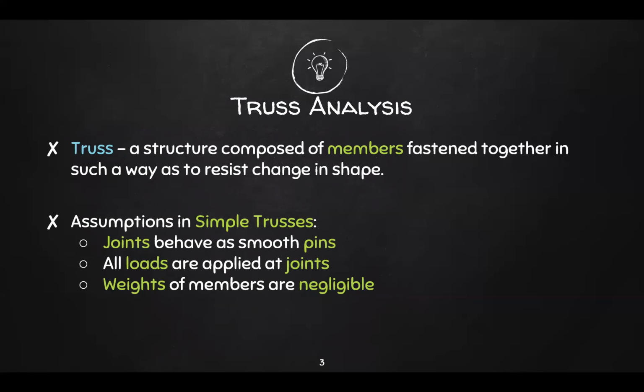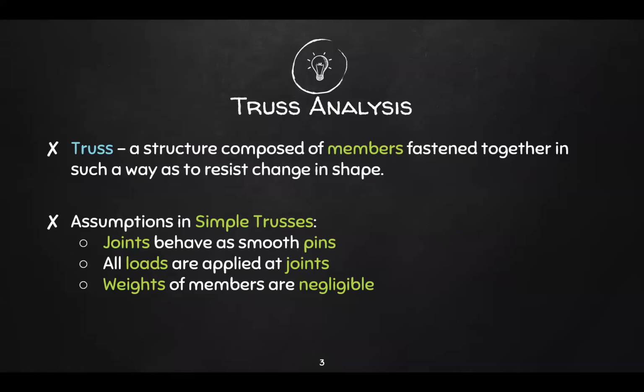Now, if due care is taken to assemble the members so that the center lines of the members intersect in a common point at each joint, the forces in the members may be calculated as if they were pin connected, even though their ends are actually riveted or welded to a gusset plate. So even though in actual it's not pin connected, if you did the assembly right, it can still be solved as a pin connected joint.